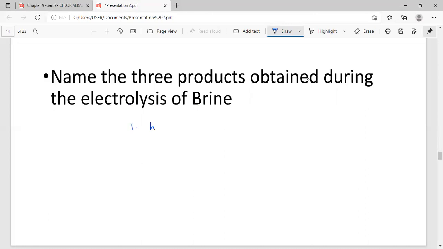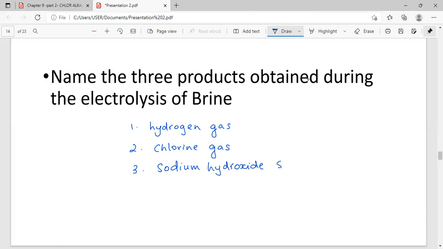One is hydrogen gas. All right, the second one is chlorine gas. And then the third is sodium hydroxide solution. Okay, very good to those who answered.